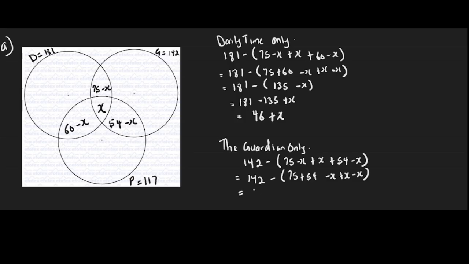Then 75 plus 54 gives us 129. The x cancels, we have minus x. Then this gives us 142 minus 129 plus x, and that's going to give us 13 plus x. That means for the Guardian only, we have 13 plus x.